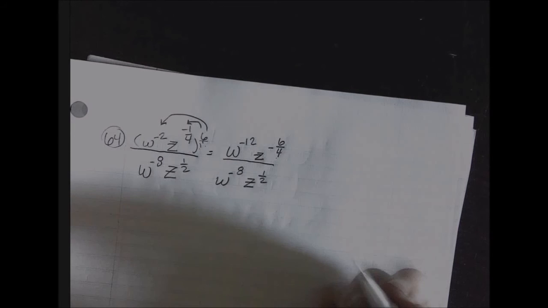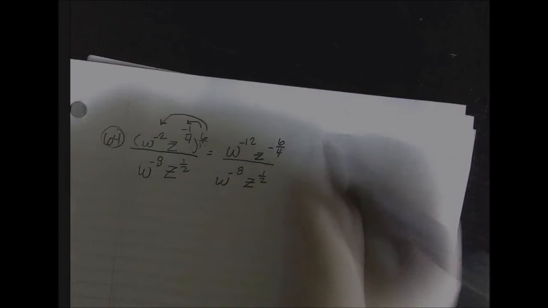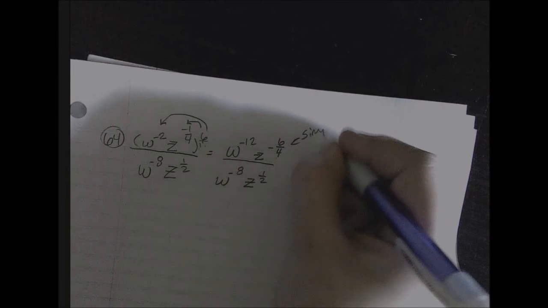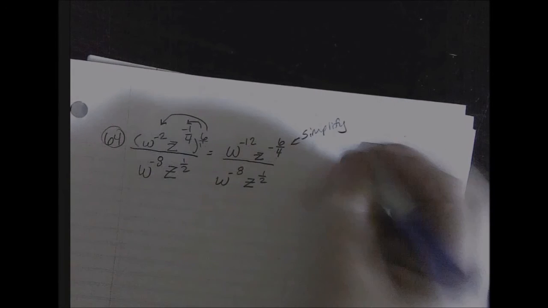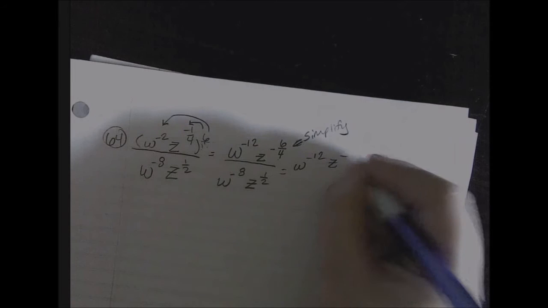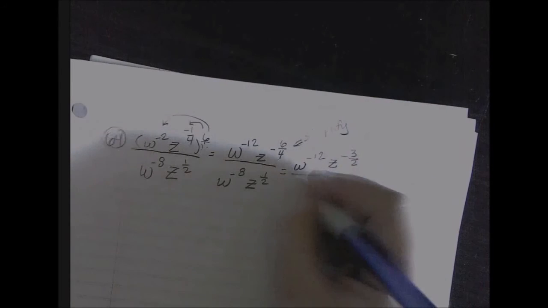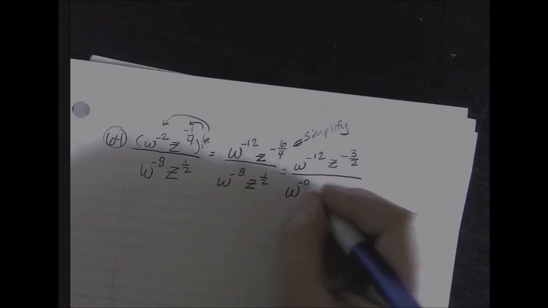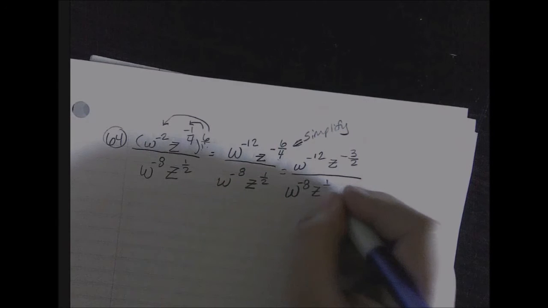Before I move on, I'm going to go ahead and simplify that z to the negative 6 over 4, which gives me w to the negative 12, z to the negative 3 over 2, over w to the negative 8, z to the 1/2.